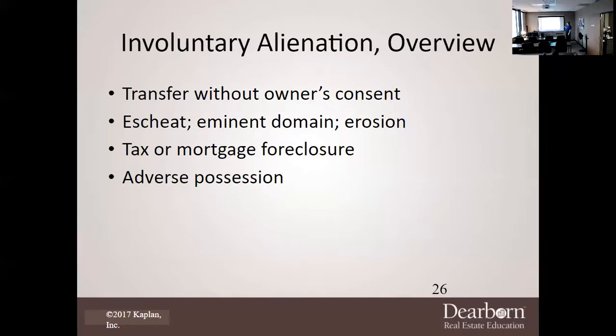All right? Now, of course, we know that tax and mortgage foreclosure is going to be the most known one, but also adverse possession. I meant to record it and plug it in here, but I got behind. But there was an article, a gentleman that ended up, actually, let me sit down for a minute. Let me see if I can still find that one. If I can, I want to show y'all this because it's upset a lot of people right now.